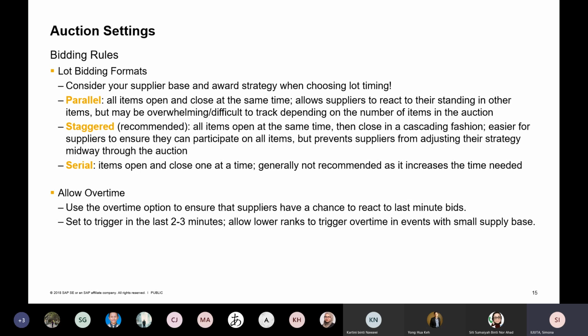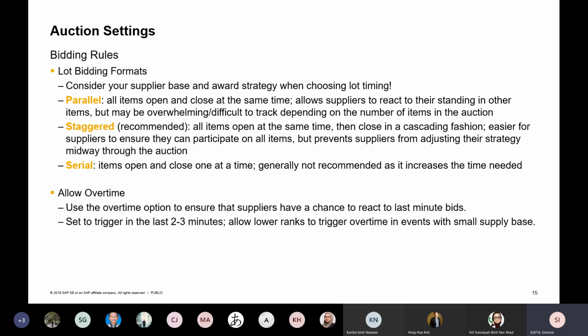Parallel basically means that line items open and close at the same time. So what does this mean? It means that the suppliers need to react quickly at the same time on all the line items. It may be a little bit overwhelming and difficult to track depending on how many suppliers you have and how many line items there are in the auction.